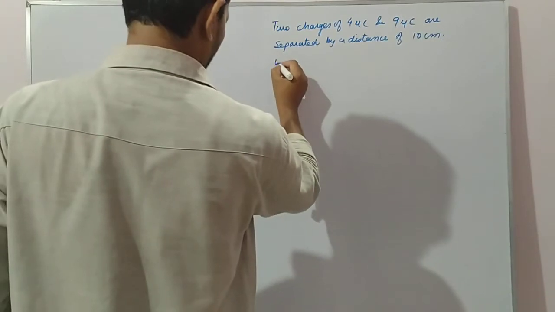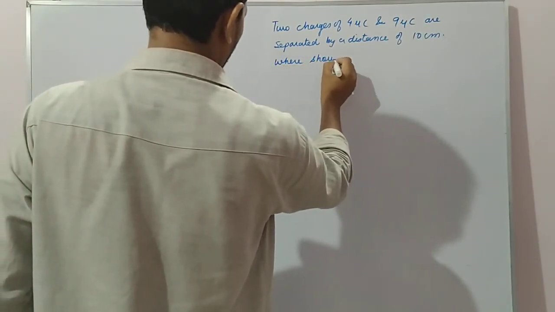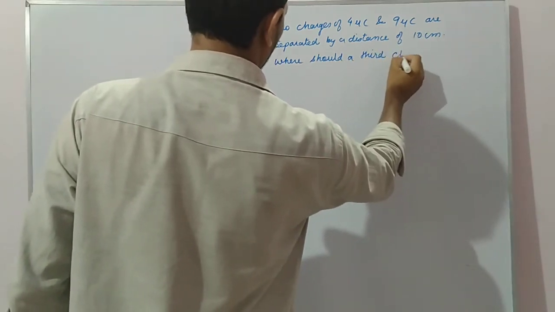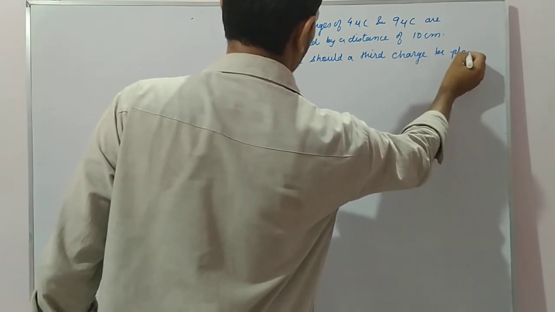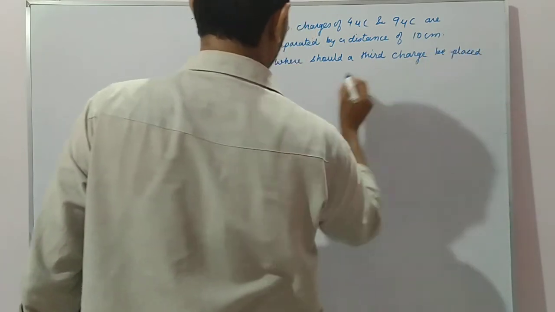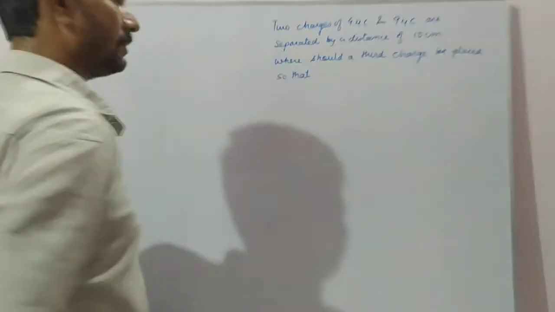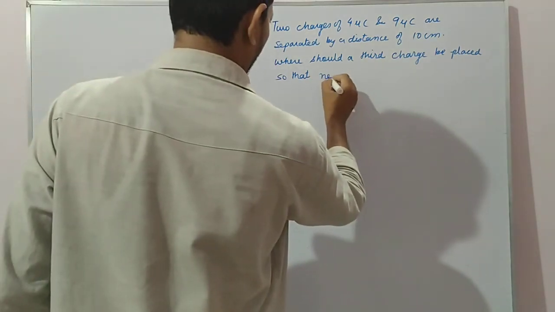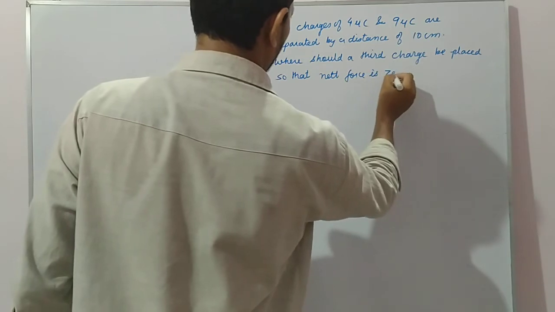Where should a third charge be placed so that the net force is 0?